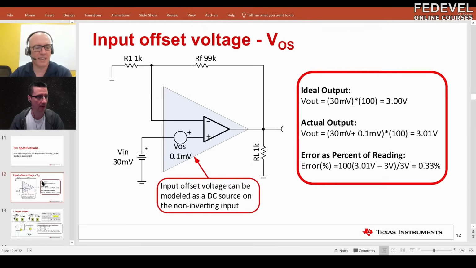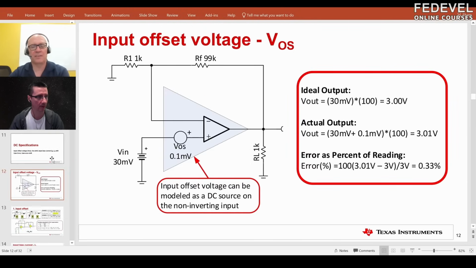So let's look at input offset voltage. These are the parameters we need to pay attention to when we are selecting op amps for our application. Yes, and it will also let you know after you've selected it what kind of error expectation you should have.